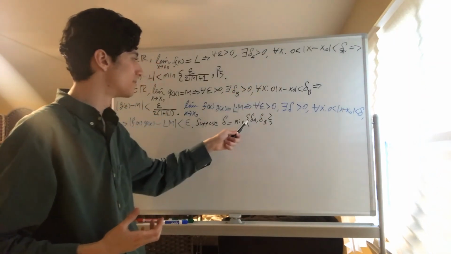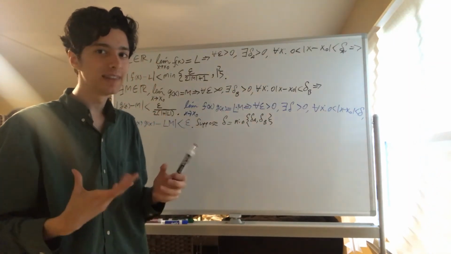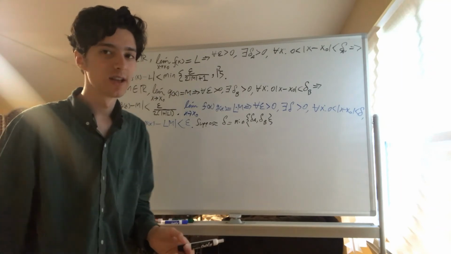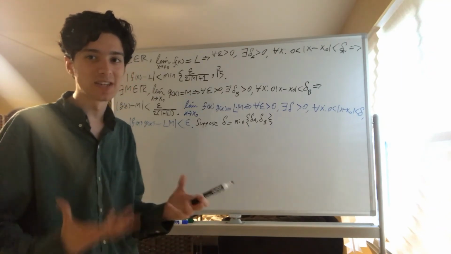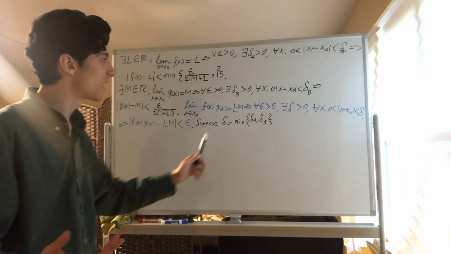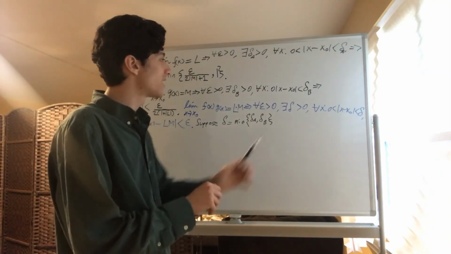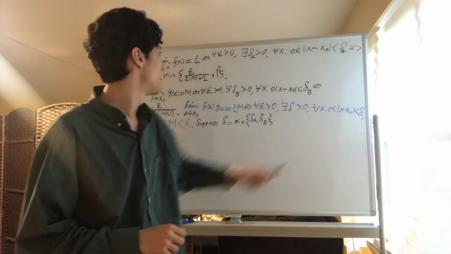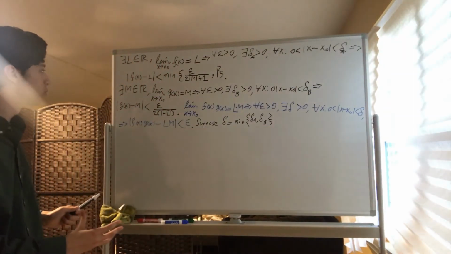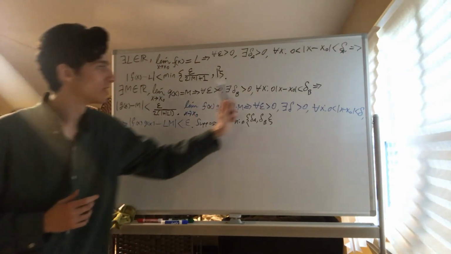If it's less than the smaller of these two deltas, it will be less than the bigger of these two deltas, based on the definition of transitivity and the fact that delta is always positive. So therefore, |x - x naught| will be less than delta A, and it will also be less than our delta B.